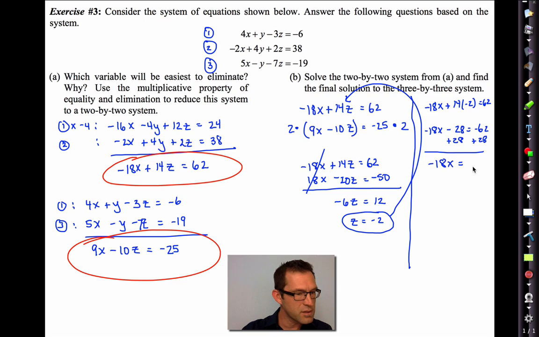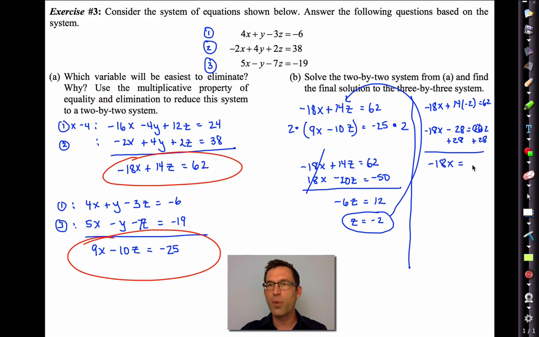What is x? I'm definitely not getting the right answer here. Oh, I see why. Do you see the mistake? That's embarrassing. Somehow that negative 62 became a positive 62 there.